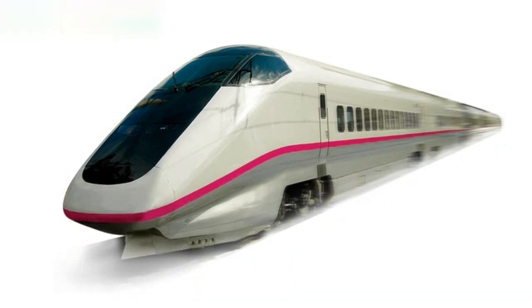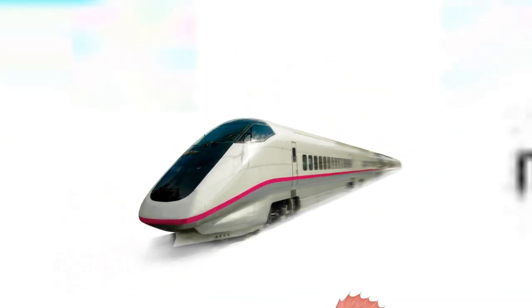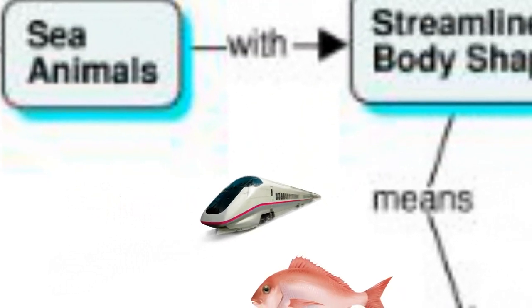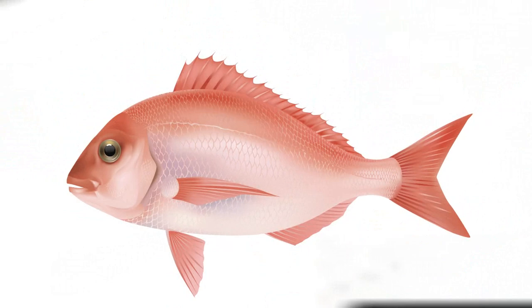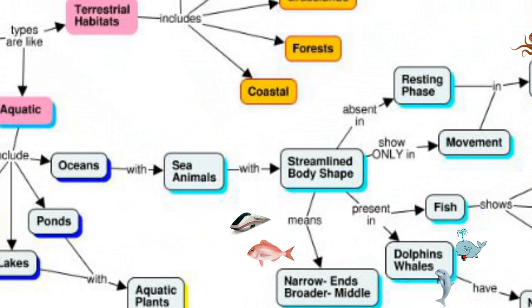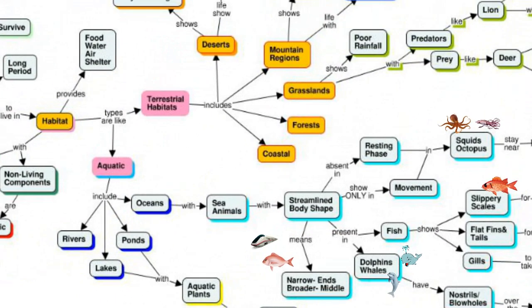Even a fish has narrow ends and a broad middle part, so that the water can go past the narrow ends and they can move faster in the water.